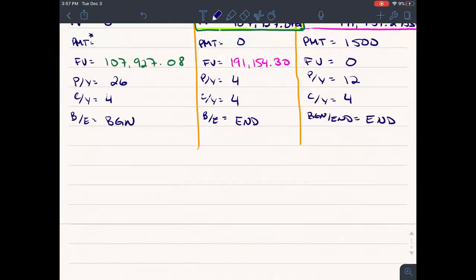So that we're going to have to change. In fact, I would probably just change it right now. So remember how to do that. Second payment, second enter to change between beginning and end.